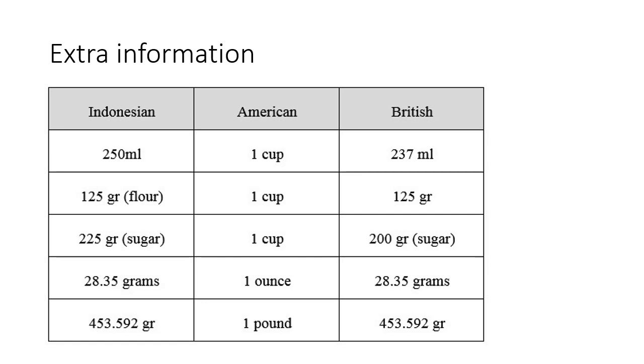Okay? 28.35 grams. Nah, yang di bawah juga sama. 1 pound itu sama seperti 453,594 gram. It's also the same with British. Okay? Right, this is an extra information. You don't need to remember this though, right?